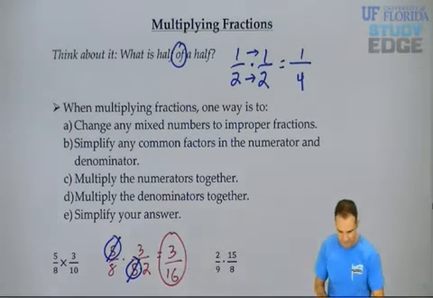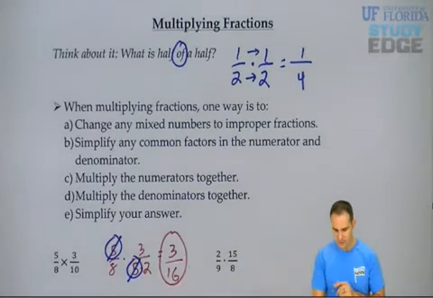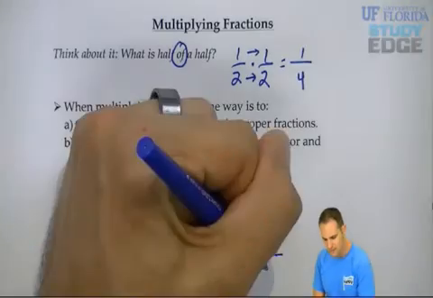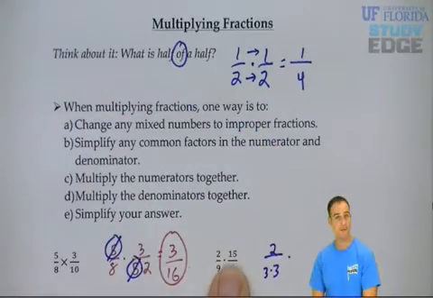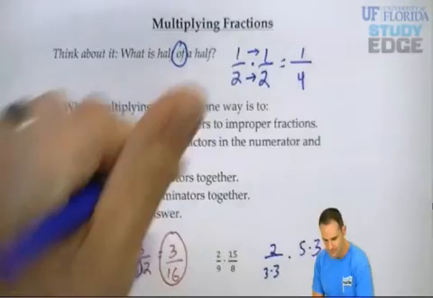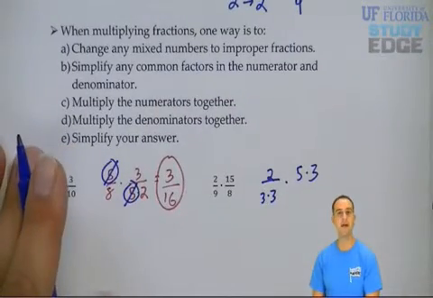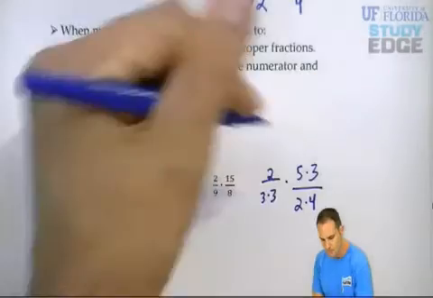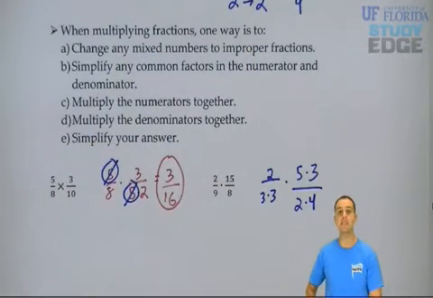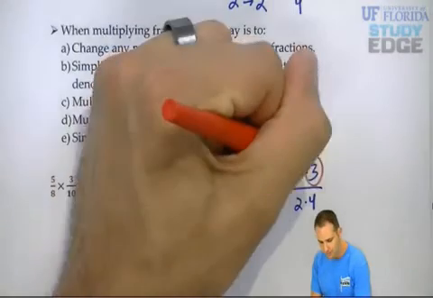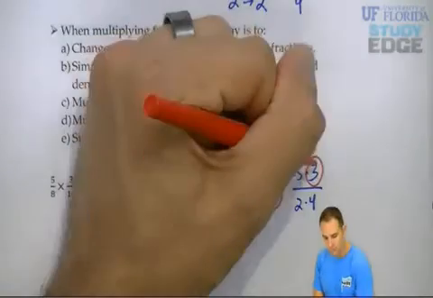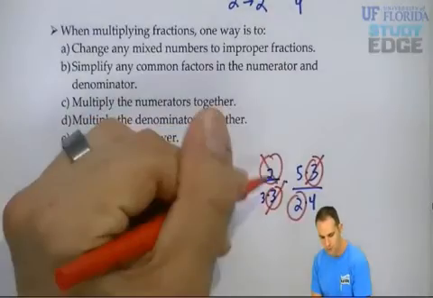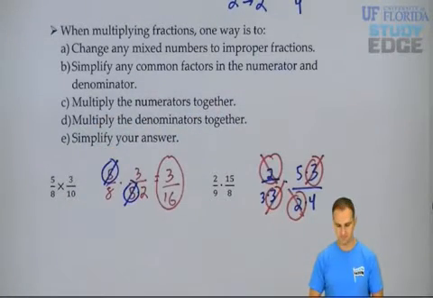Let's do another. 2/9 times 15 over 8. Okay, 2 divided by 9. Well, 9 is 3 times 3, and 15 is going to be 5 times 3, which gives me a common factor in the numerator and the denominator. 8 is 2 times 4, and again, I'm starting to see more common factors here. 3 divided by 3 will give me 1, which means that simplifies. 2 divided by 2 will give me 1, which simplifies.